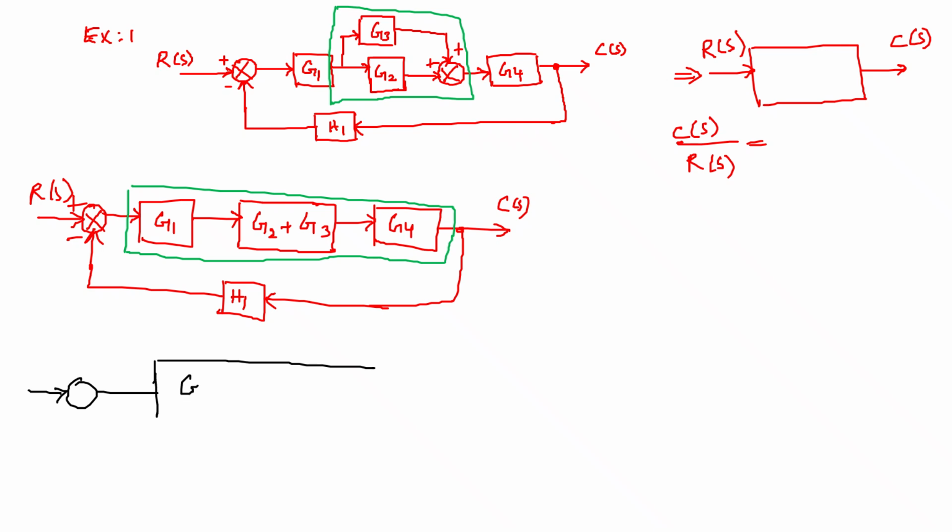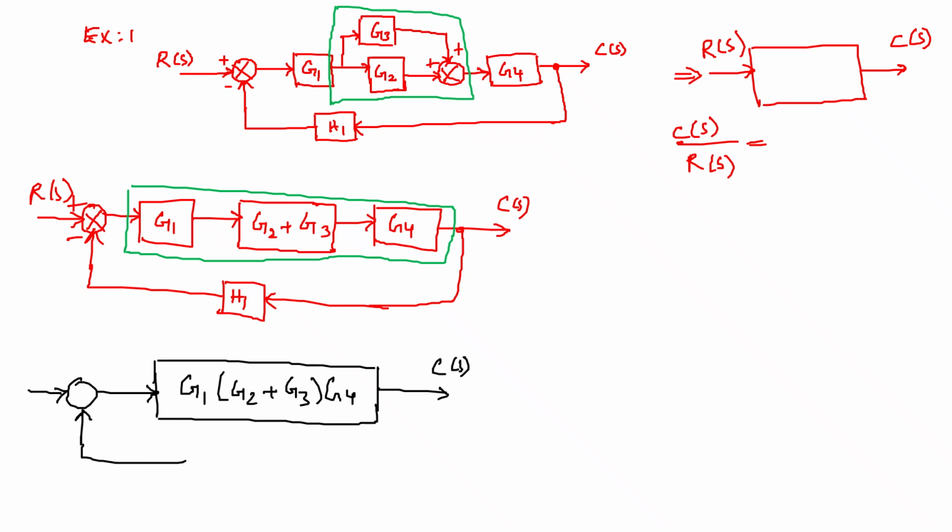I may end up with a single block G1 into G2 plus G3 into G4, and the remaining feedback path is available as it is.